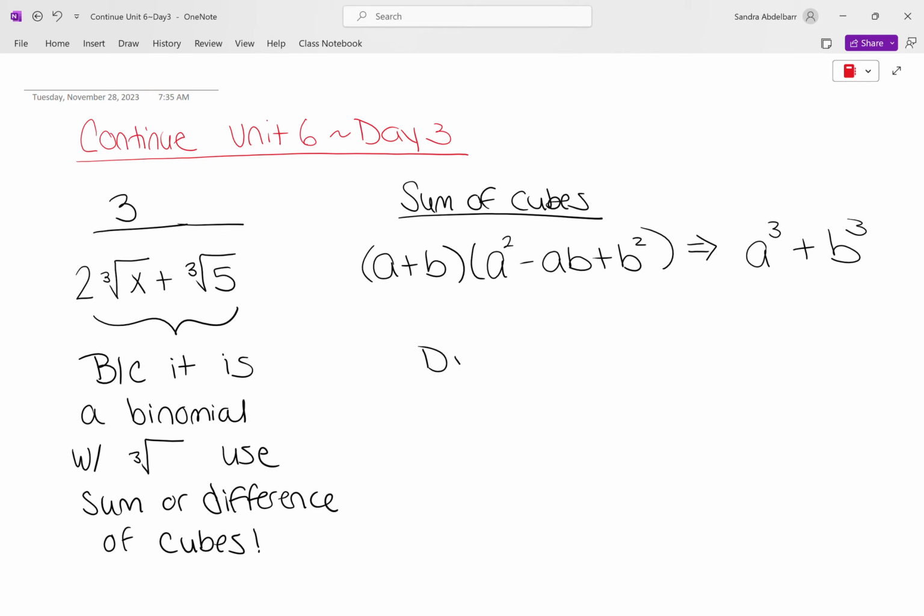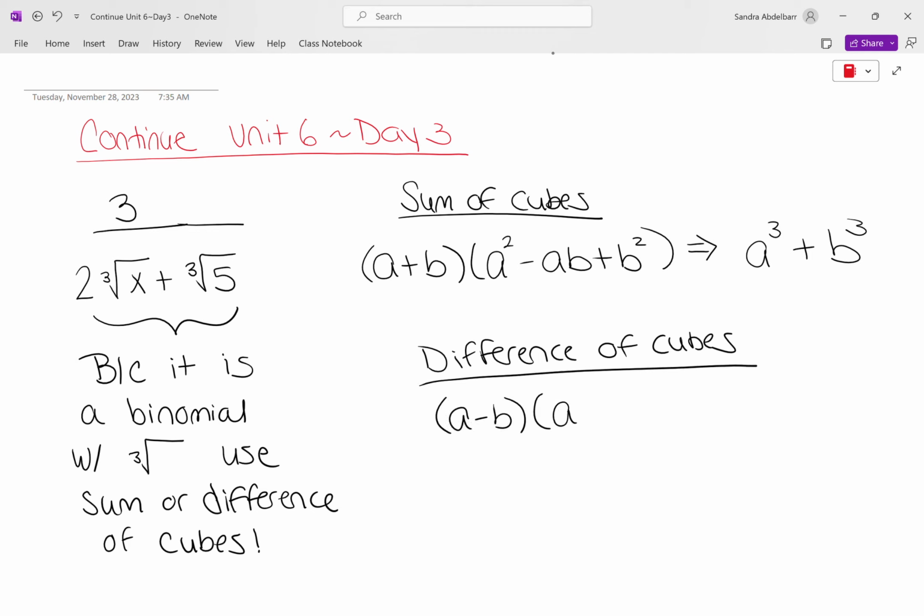The difference of cubes tells us if I have a minus b and I multiply that by a squared plus ab plus b squared, we end up with a cubed minus b cubed.